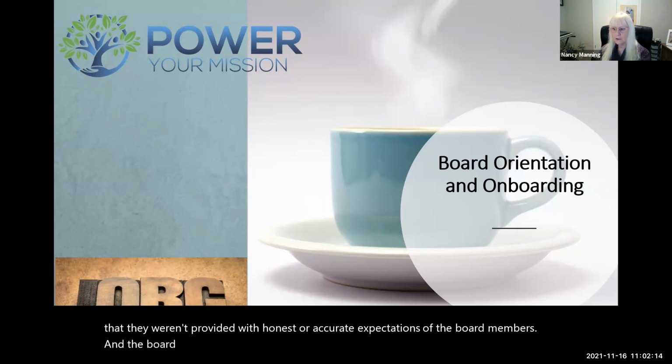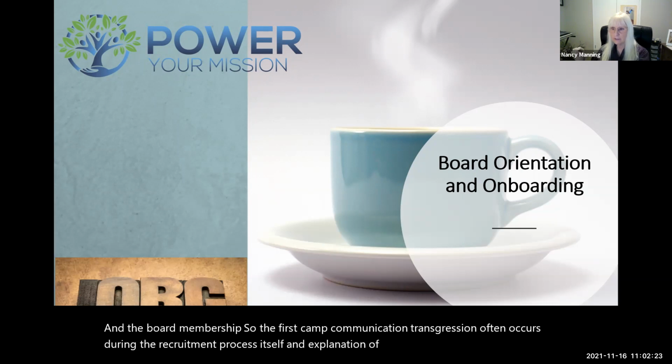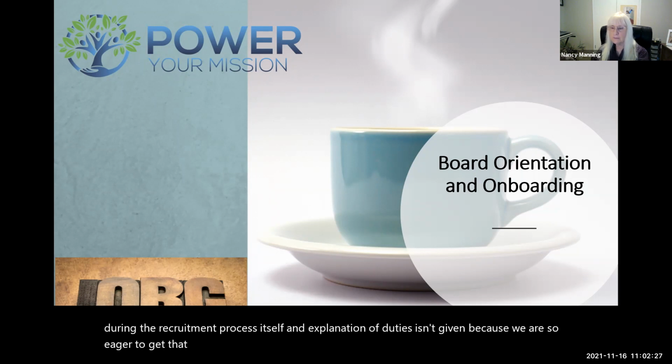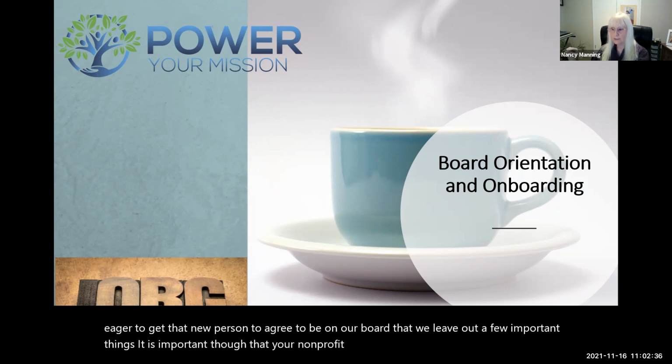So the first communication transgression often occurs during the recruitment process itself, when an explanation of duties isn't given because we are so eager to get that new person to agree to be on our board that we leave out a few important things. It is important, though, that your nonprofit develop a recruitment process that includes all those expectations.